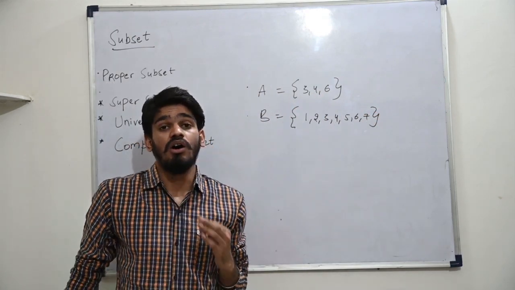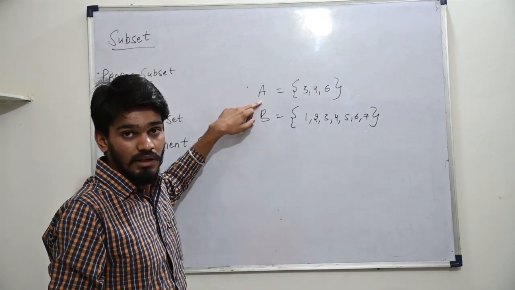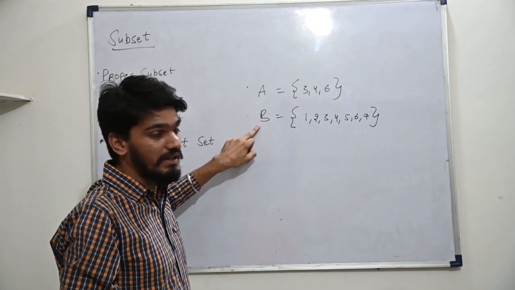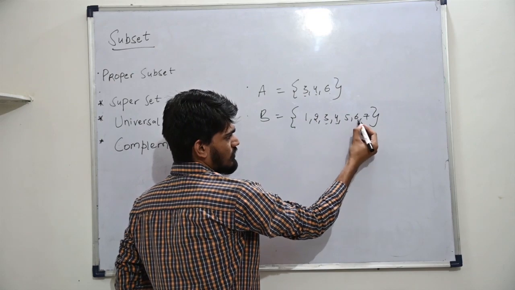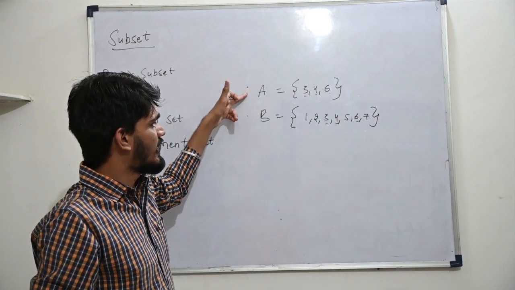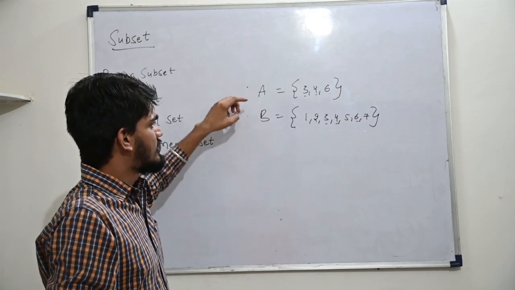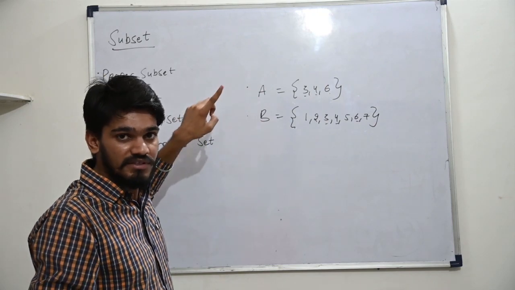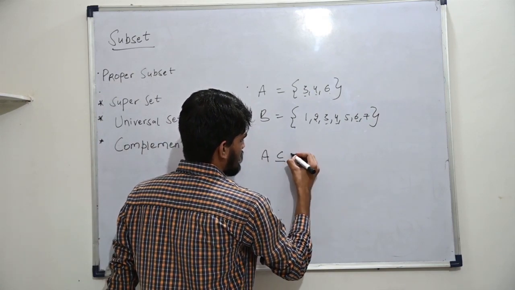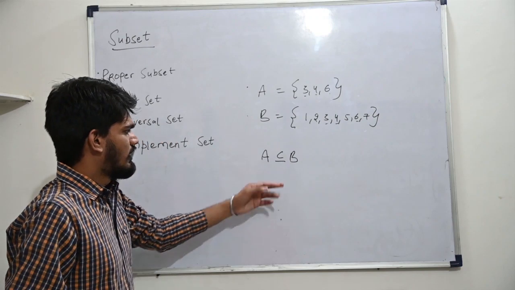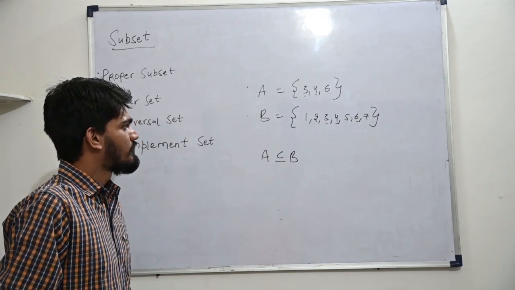When all the elements of set A are present in set B as well, now we can see 3, 4, 6, 3, 4, 6. Yes, all the elements of set A are present in set B, then we can say set A is a subset of set B. And we denote this with this sign. This represents A is a subset of set B.